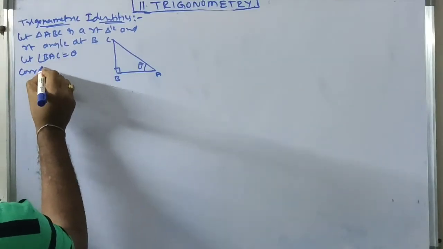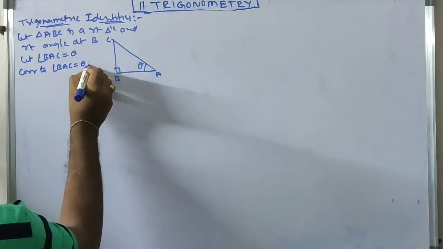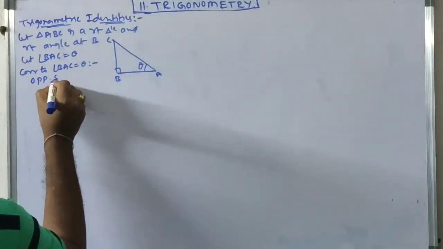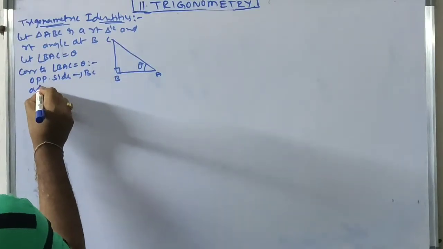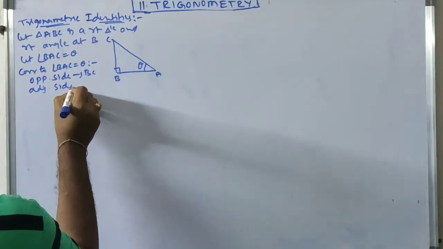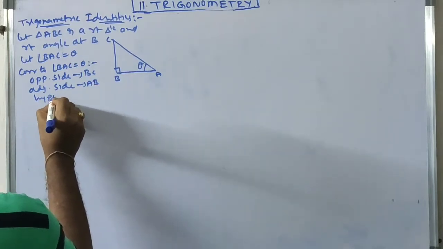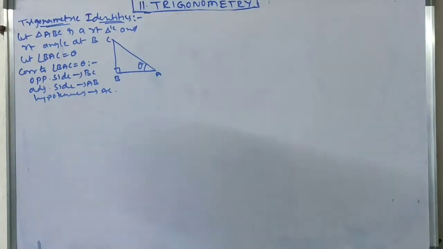Corresponding to angle theta, what is the opposite side? Opposite side is BC. Adjacent side is AB. Hypotenuse is AC. Now I want to write all the 6 trigonometric ratios.